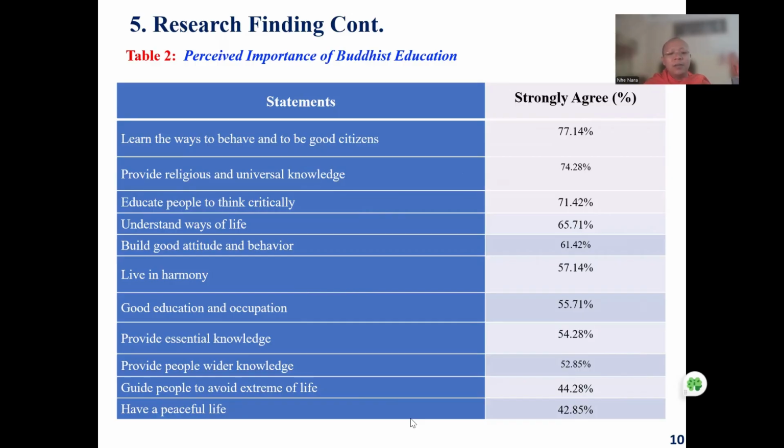When we conduct research on Buddhist concepts, why do the results show this lowest score? Only 42.85% strongly agree that they have a peaceful life, because most students come from poor families, so they focus mostly on immediate academic results and economic survival. They just want to survive. When they come to the temple, they can learn and they can have food offered by the lay people.